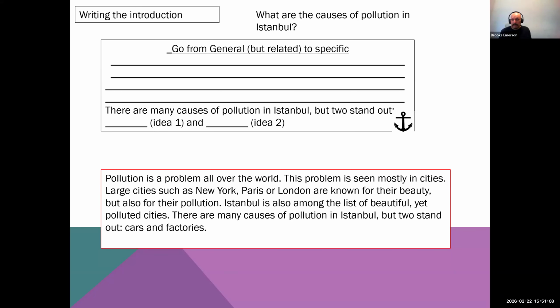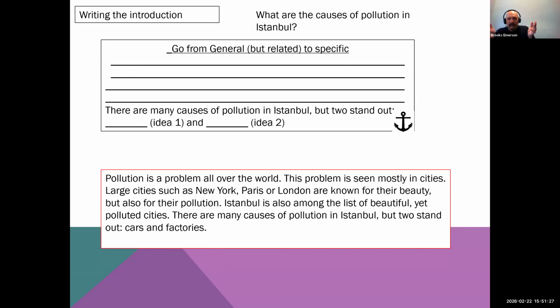And then my next sentence is "this problem is seen mostly in cities." So I went from all over the world to cities, and now I'm going to bring it to specific cities. "Large cities such as New York, Paris, or London are known for their beauty, but also for their pollution."